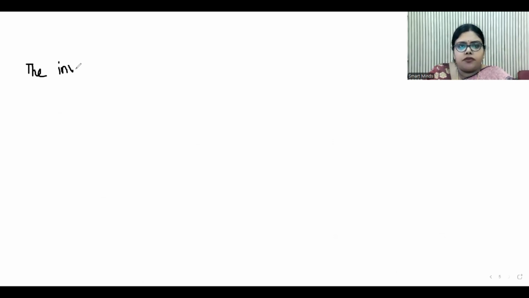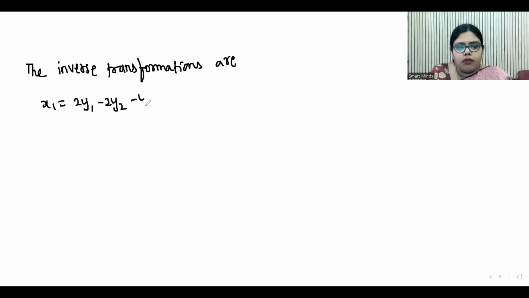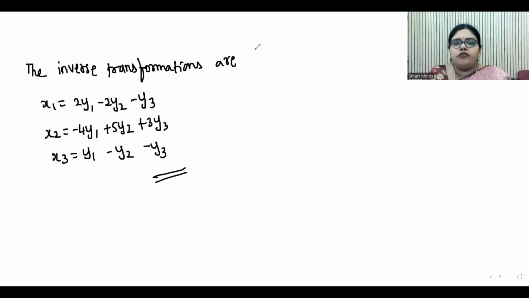The inverse transformations are x1 is equal to 2y1 minus 2y2 minus y3. x2 is equal to minus 4y1 plus 5y2 plus 3y3. x3 is equal to y1 minus y2 minus y3. This is how we find inverse transformation.